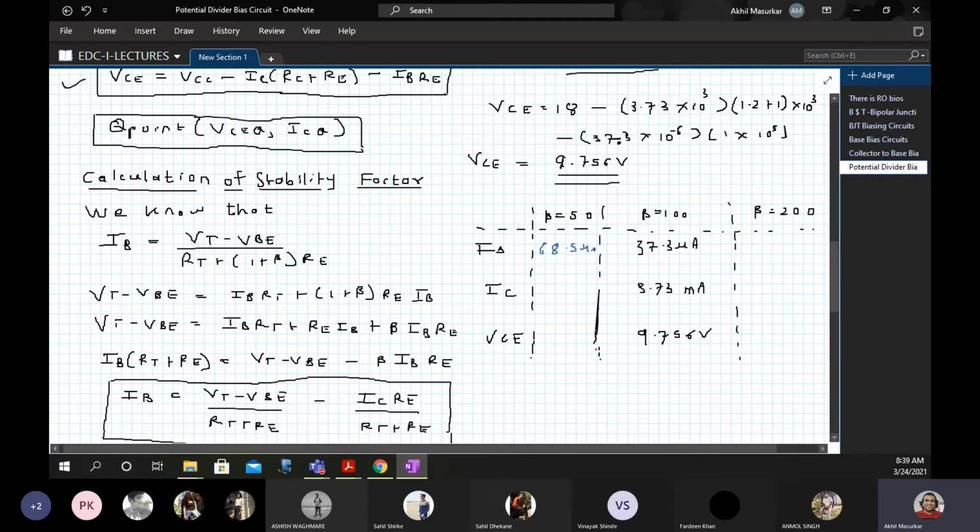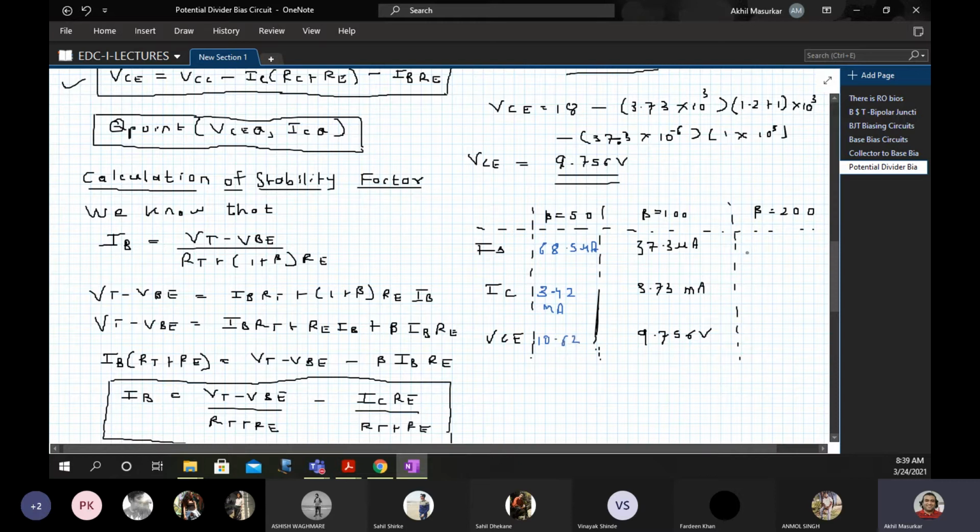For beta equal to 50, IB is 68.5 microamperes, IC comes out to be 3.42 milliamperes and VCE comes out to be 10.62.